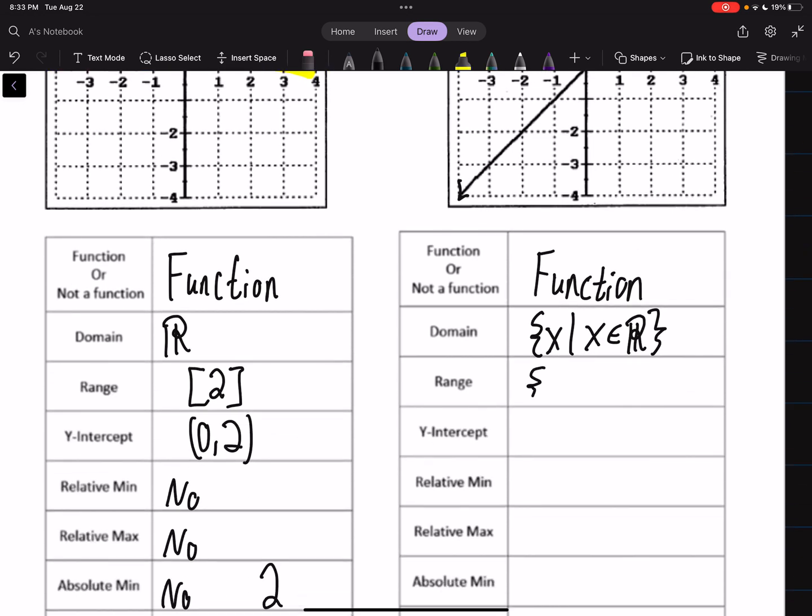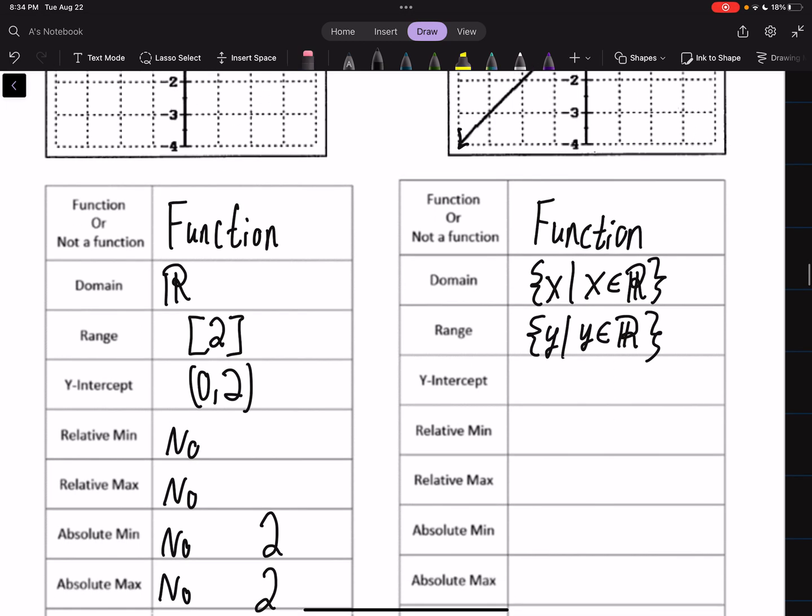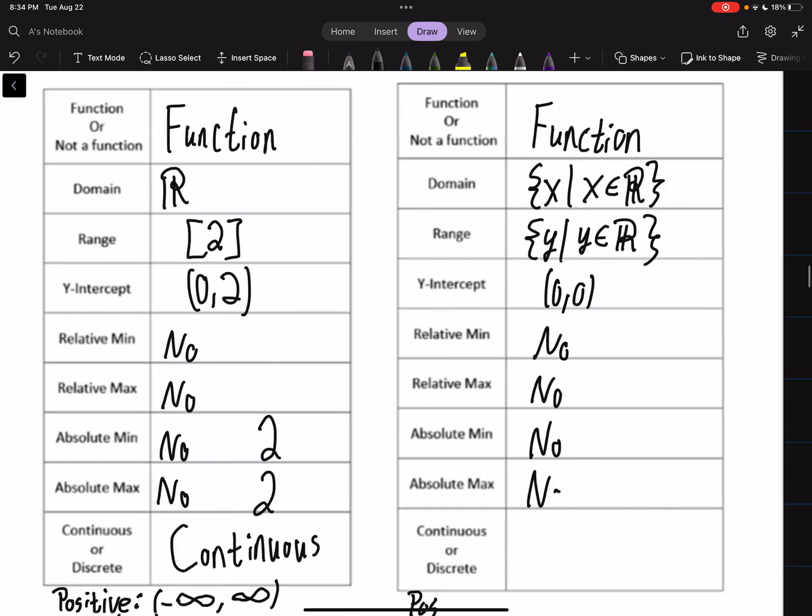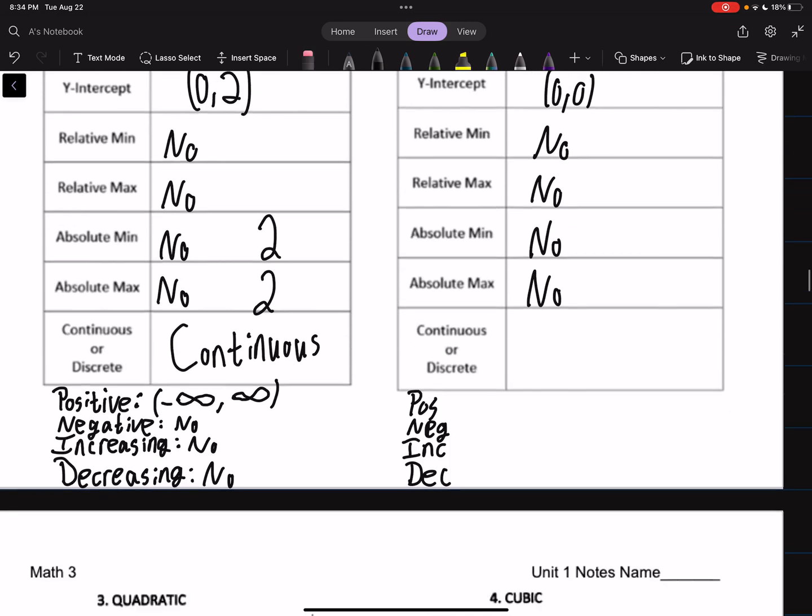So it is the set of y where y is in all real numbers. There is no reason to use set builder notation rather than interval notation in this, other than because I can. Intercept, 0, 0. There's no min or max at all. It is continuous.